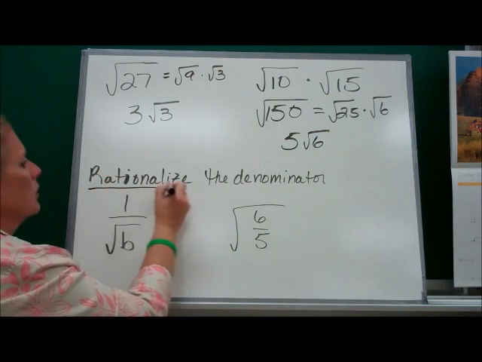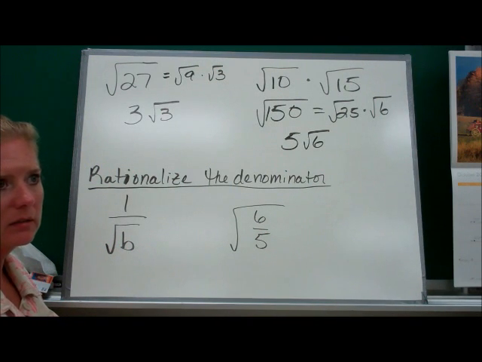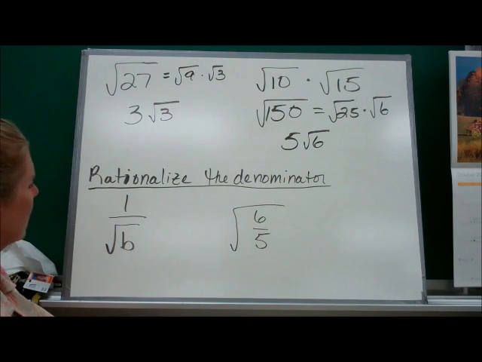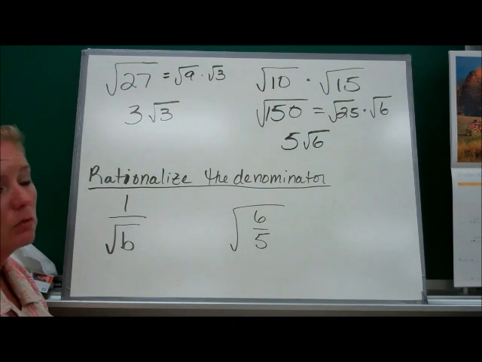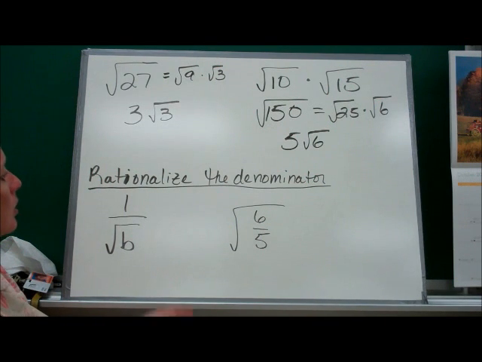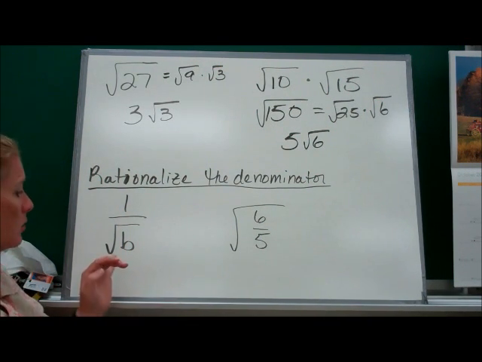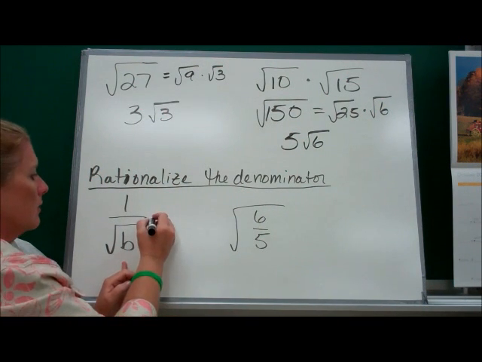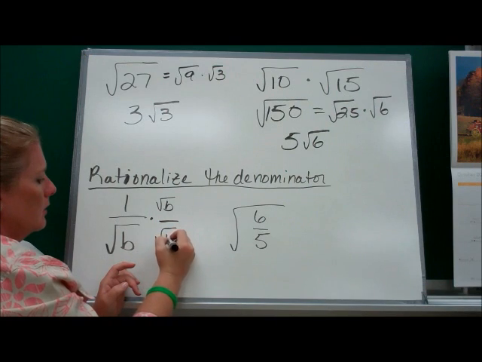Rationalize the denominator. So we need to know how to multiply and divide radicals. If I have a number 1 over the square root of b, now b can be any number, whatever it is. To rationalize the denominator, what we're going to do is multiply by the square root of b over the square root of b.